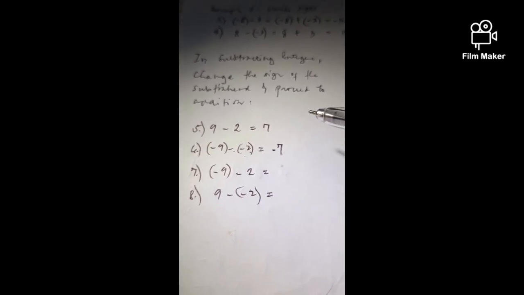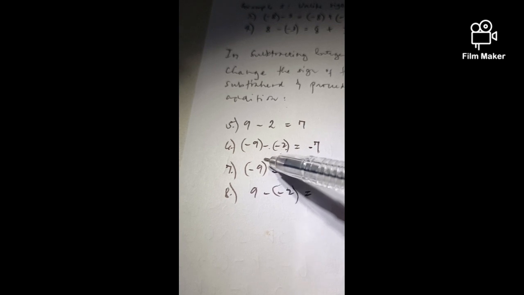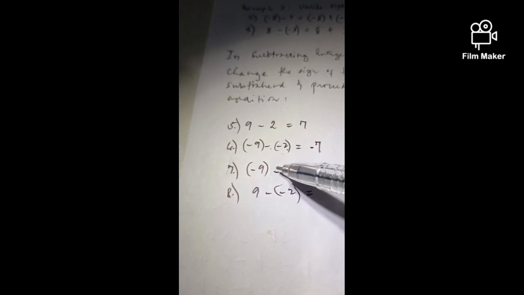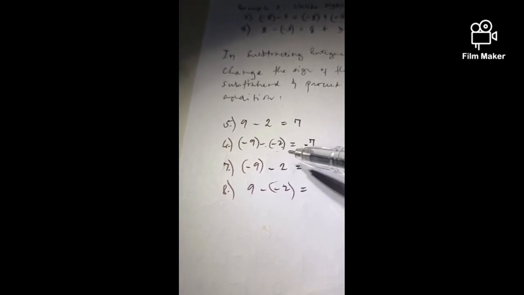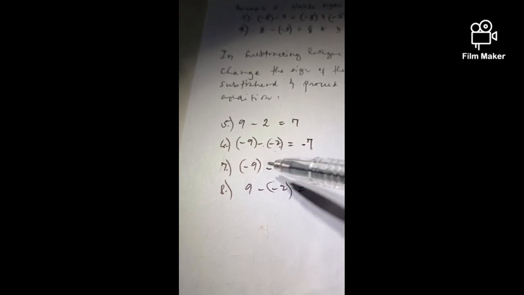Okay, dito tayo sa number 7. Negative minus negative 2, magiging positive 2, tapos ito ay magiging addition. So, magiging addition of like sign integers yun, parehas na negative. So, magiging 11 ito ngayon. Tama. Pero, the sign should be negative.